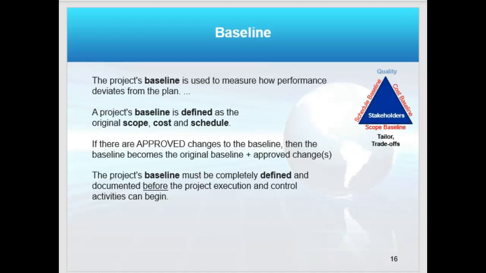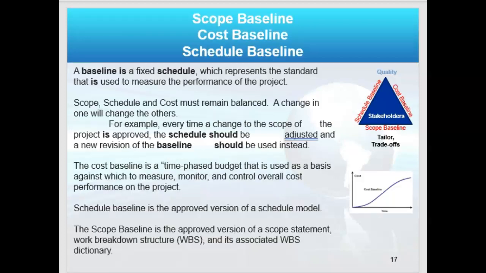If there are any changes to them, they have to be approved through integrated change control. In fact, any change to any part of the project management plan, formally, has to go through integrated change control.